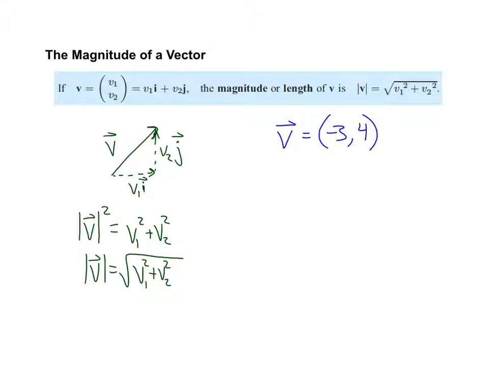If we have these horizontal components, like for example, this vector v here, if I had negative 3 as my horizontal component, and I had 4 as my vertical component, to give me this vector v, okay, I can treat this as a right triangle, and notice the lengths of the sides are negative 3 squared plus 4 squared.